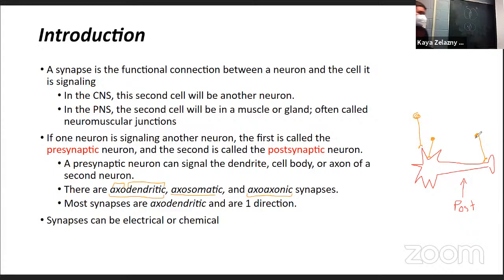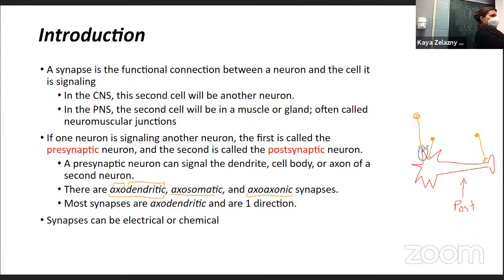Most of our synapses are axodendritic. So most of them are coming into the dendrites. So our dendrite is this bit. If we're talking about a stereotypical neuron and a stereotypical synapse, we have our presynaptic neuron come in and form an axodendritic synapse with the dendrite of our postsynaptic neuron.